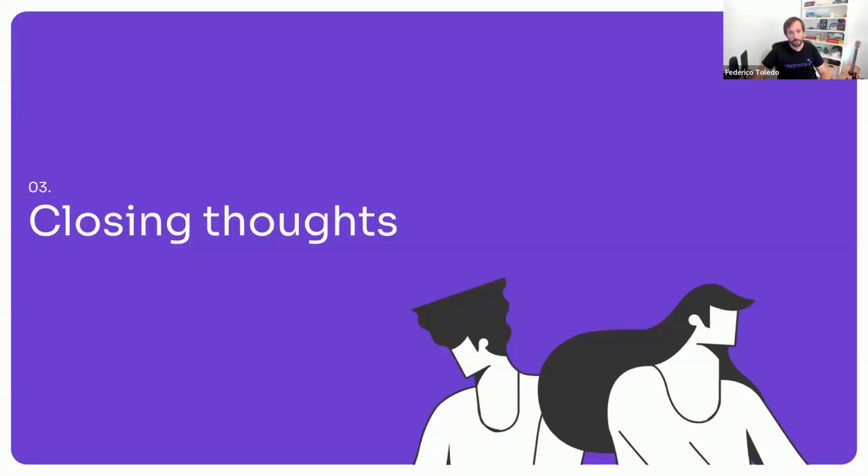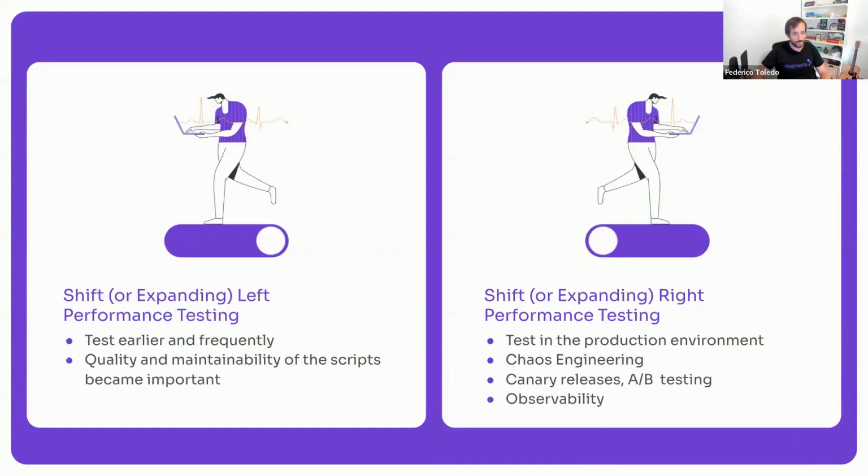Well, some closing thoughts. This approach, this pyramid, this strategy is also helpful for following the idea of shift left performance testing, which for me is not shifting, it's more about expanding, because you don't want to stop doing performance testing here and start doing it on the left of the process, right?